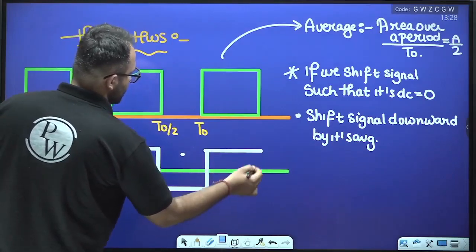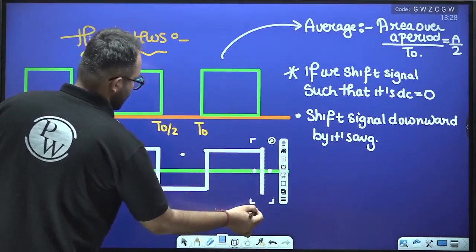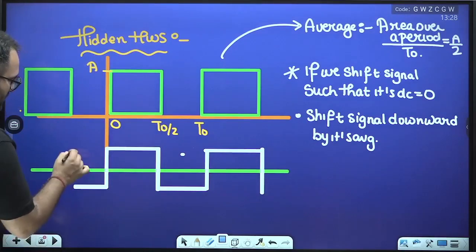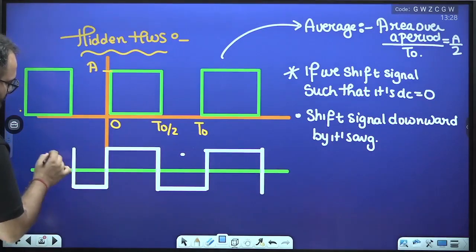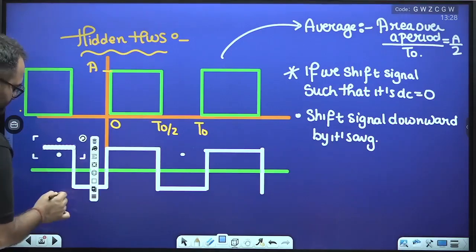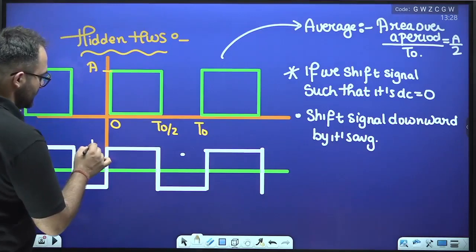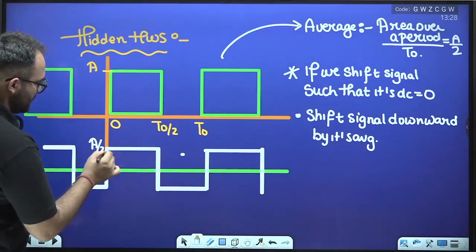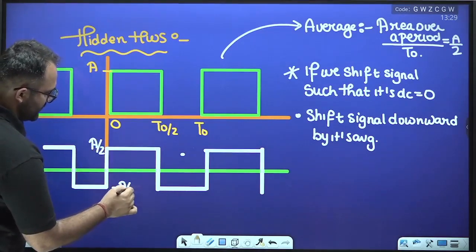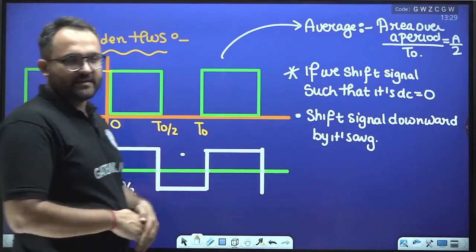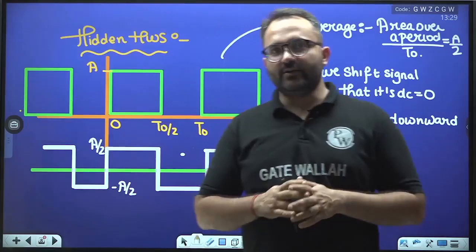Okay, so we get something like this. So we can see that the signal is capital A by 2 here, minus A by 2 here. Okay, A by 2, minus A by 2 and so on. So now we can see we are shifting the signal by A by 2 downwards.